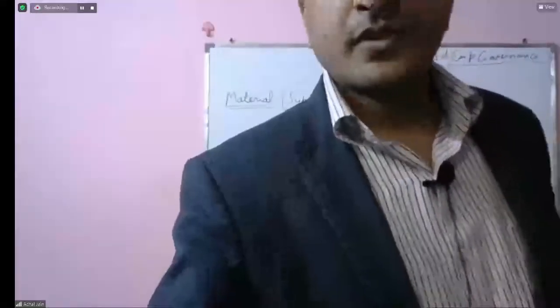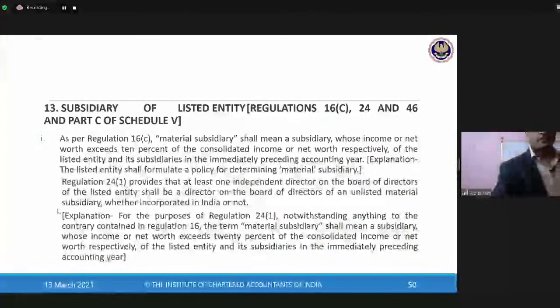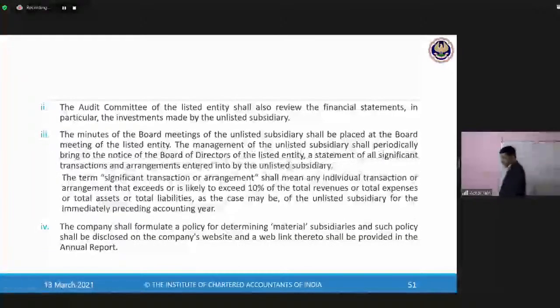So now moving further on to this. The audit committee of the listed entity shall also review the financial statements, in particular the investments made by the unlisted subsidiary. Okay, so this is all about review of the information of the subsidiaries.